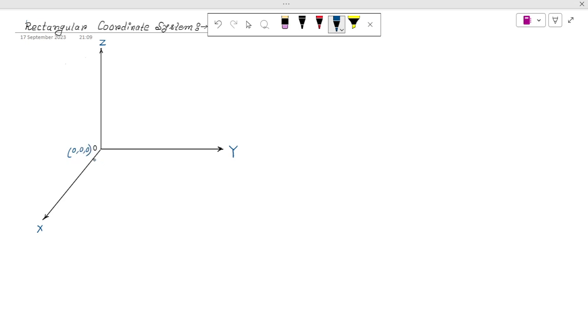Okay. Now the representation of a particular coordinate. Suppose we consider a point over here. This is a point, and you just write down this is point P, and when you want to represent its coordinate, the presentation will be x, y, and z.